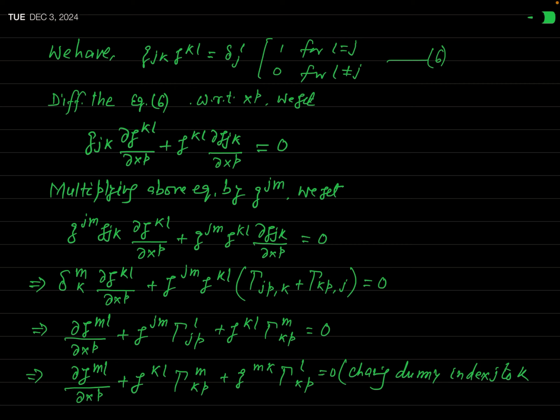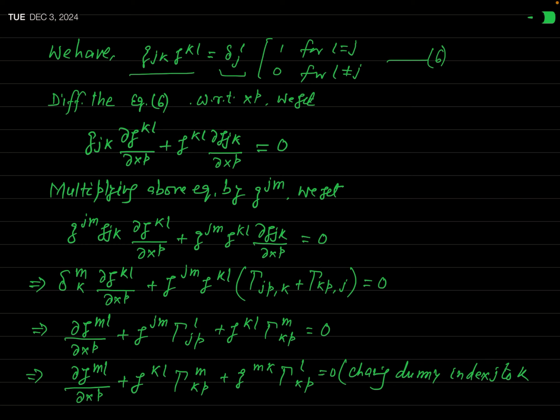But before that, the product of the covariant fundamental tensor G jk and the contravariant fundamental tensor GKL is equal to the Kronecker delta Lj. What is this delta Lj?